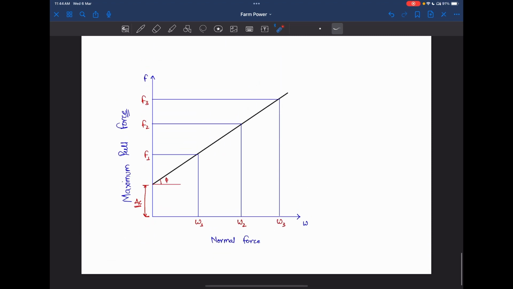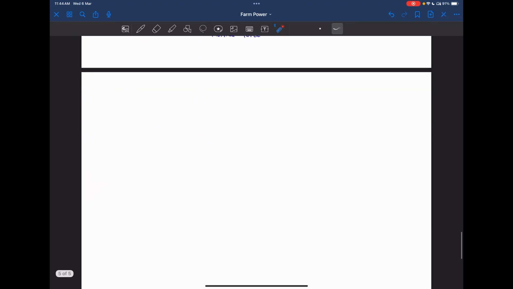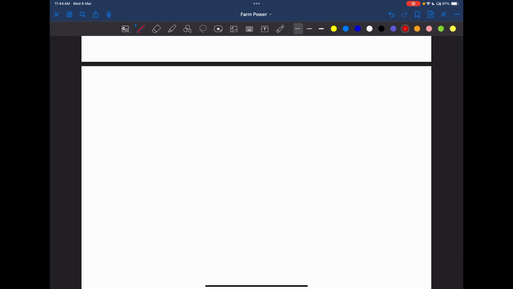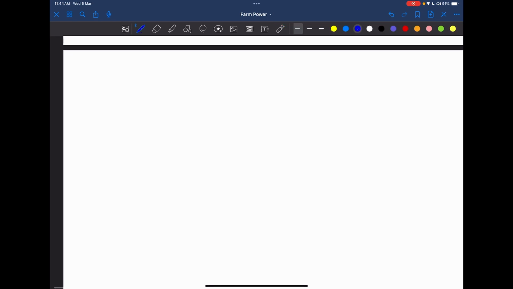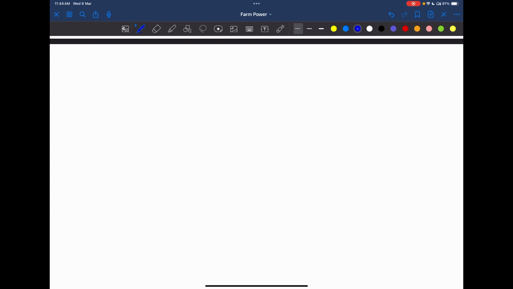In other terms, we can represent the same thing with stress and shear strength of the soil.